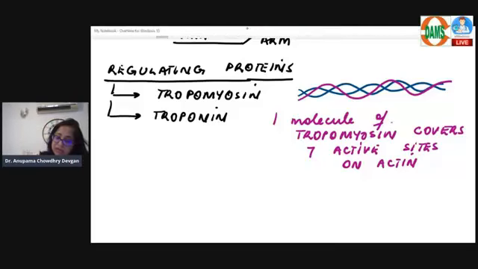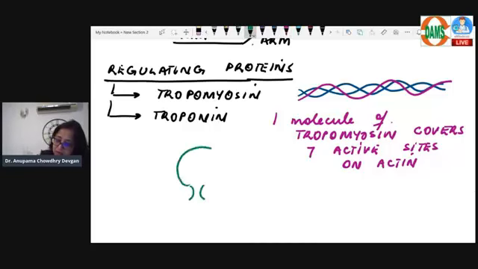And if you look at troponin, troponin is a globular protein.